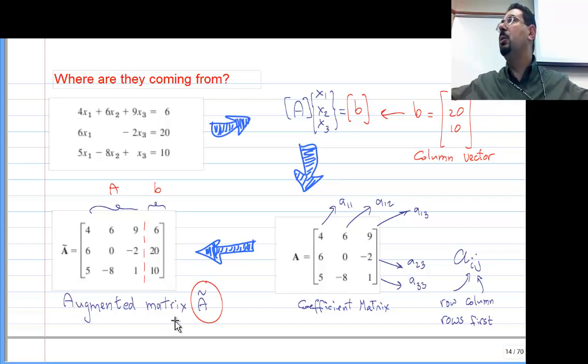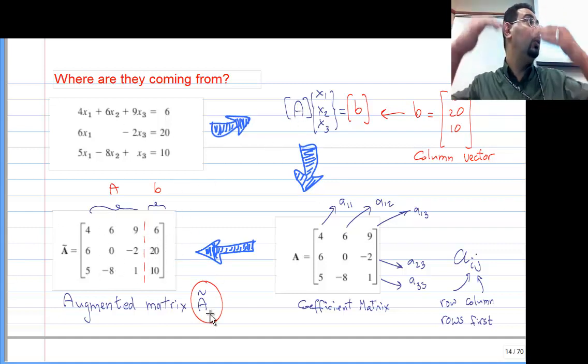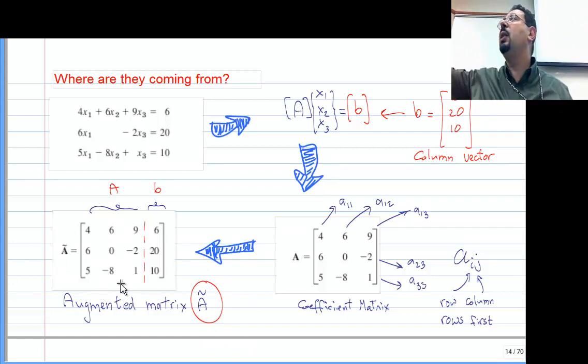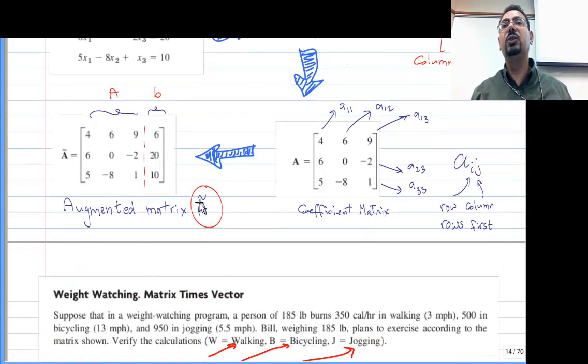It's like a super big A. It's convenient sometimes to have this rather than just A, because if we have A and B next to each other, we can do operations on them all at once. So this is a whole system in one matrix, and you can give it to MATLAB and tell it, solve this for me, for example. We give it this symbol, this wiggle, and this is the augmented matrix.